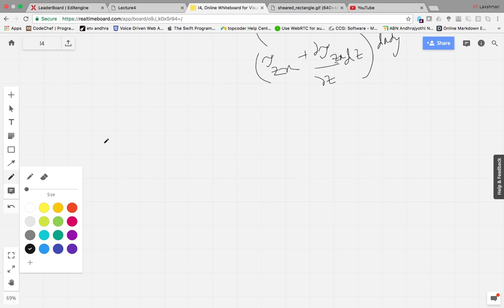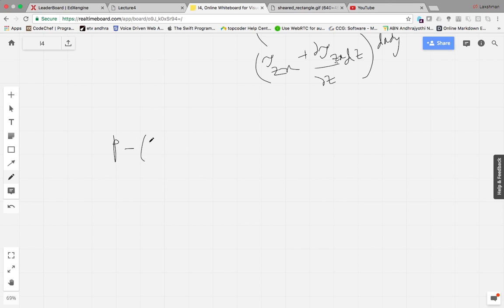So you have P minus P plus del P by del x dx, the pressure force that I'm writing here. This complete thing is multiplied by the area of the left and right planes. Why did I write this?